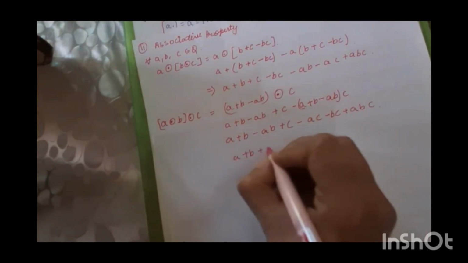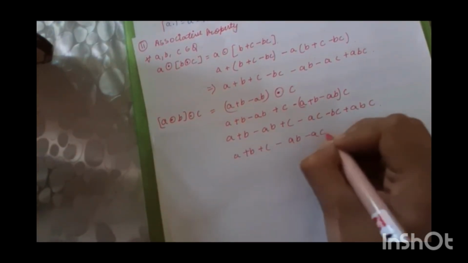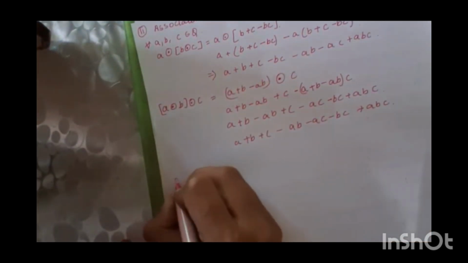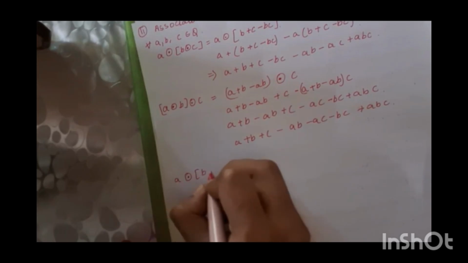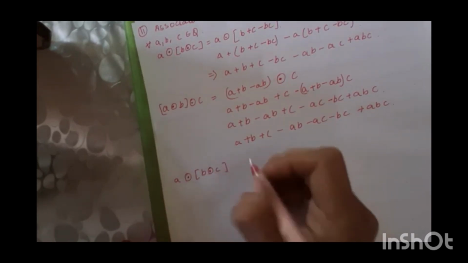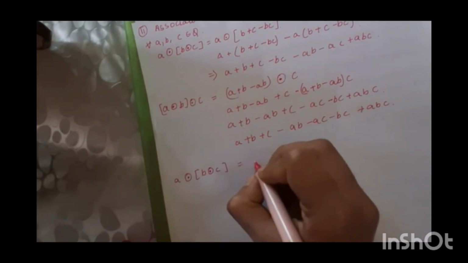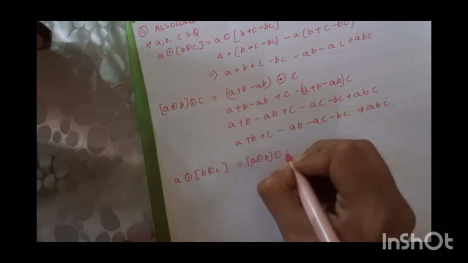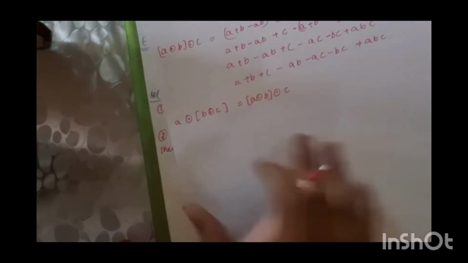So this goes like A plus B plus C minus AB minus AC minus BC plus ABC. So we can see this result and the earlier result are equal. That means associativity holds here. So the associative property holds here.